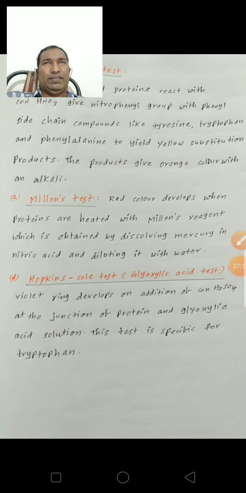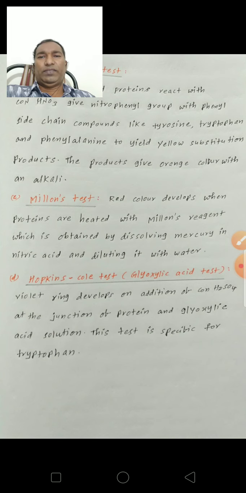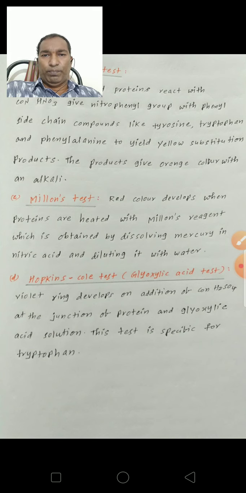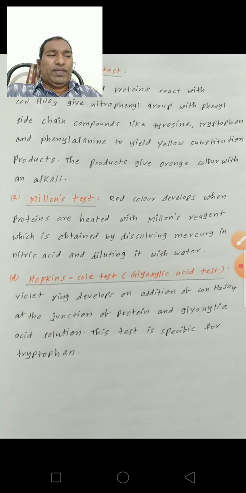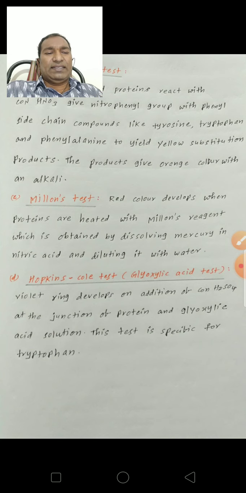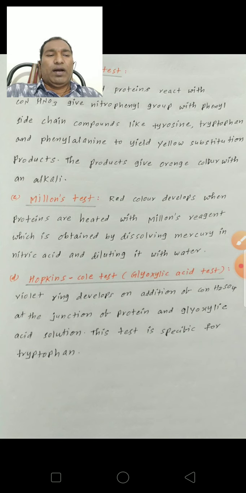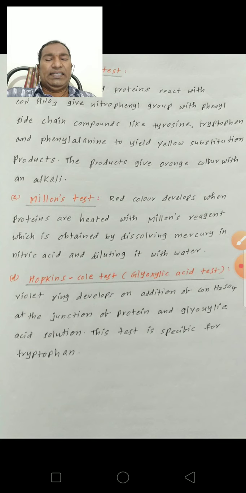This is like a brown ring test. So these tests, the Biuret test, xanthoproteic test, Millon's test and Hopkins-Cole test, all show the reactions involving the R group on the side chain.